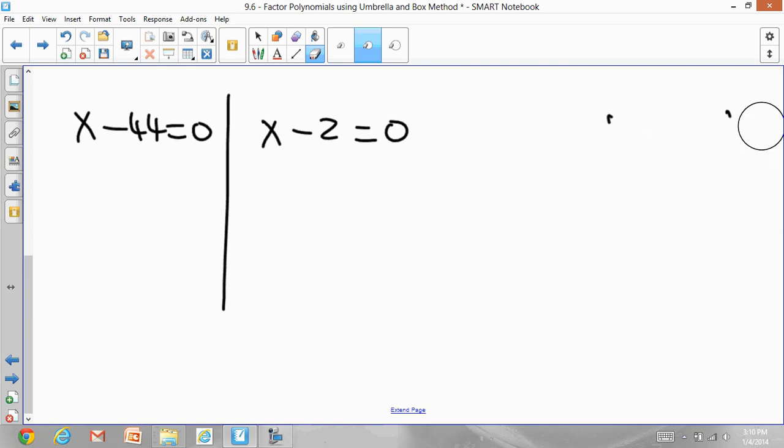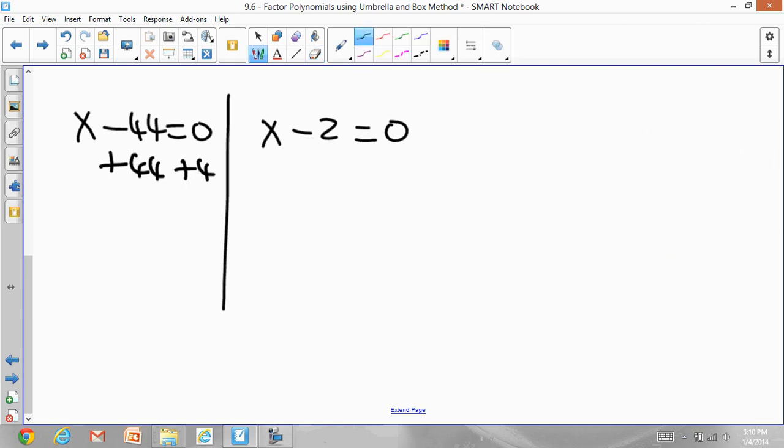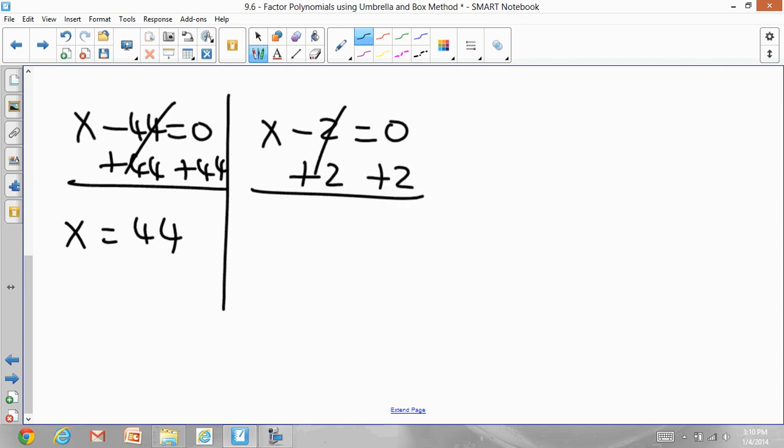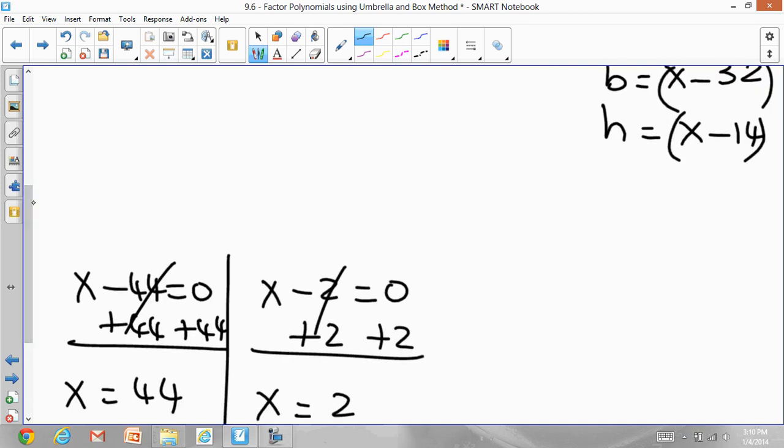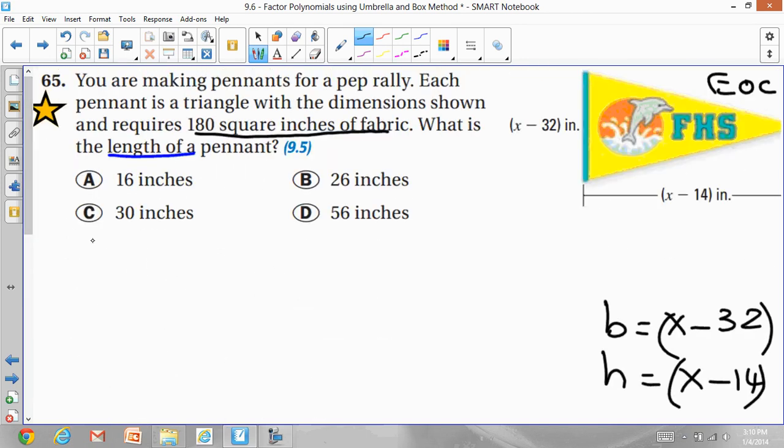Solve. So plus 44 on both sides, cancel, you get x equals 44. And on the right side, you got plus 2, cancel, x equals 2. So your x can either be 44 or it can be 2.